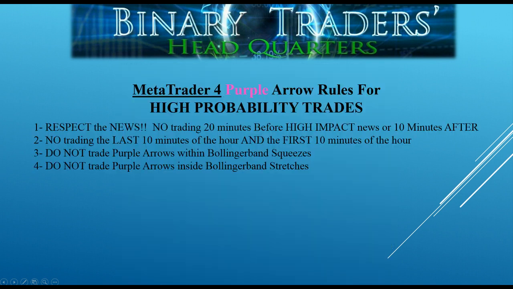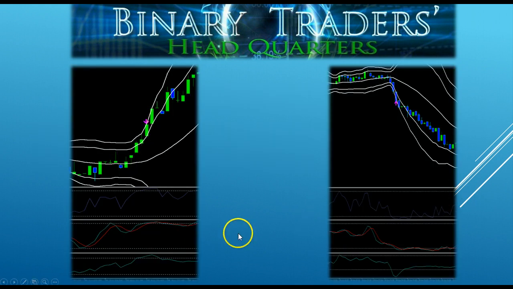And then on the flip side of that, we don't trade purple arrows inside of Bollinger Band stretches. And what the Bollinger Band stretch is, is the way that price moves when it's coming out of consolidation. So the Bollinger Bands are giving you a visual when price is consolidating and squeezing and coming together and volume is dropping out.